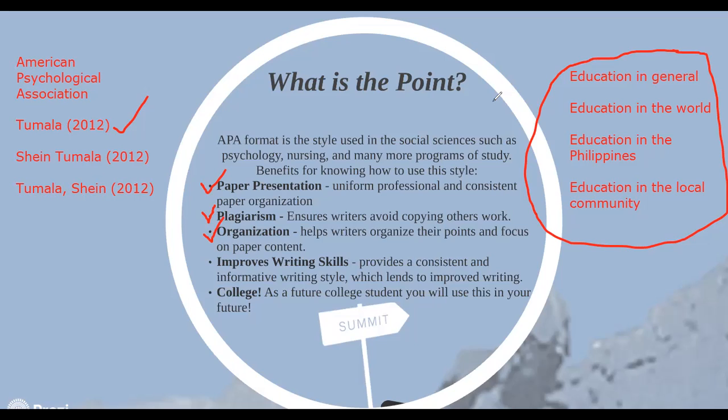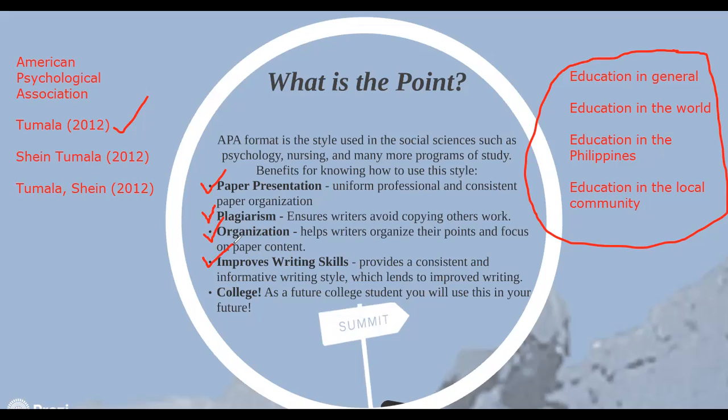Like, this information came from Shane, this information came from Casey, ganon. Okay? So the next one, in also using citation styles, we are improving our writing skills. So me, myself, I think this is true. Kasi nung starting na gumamit ako ng mga citation, like for example, during college, I was able to apply it up until today. Okay?